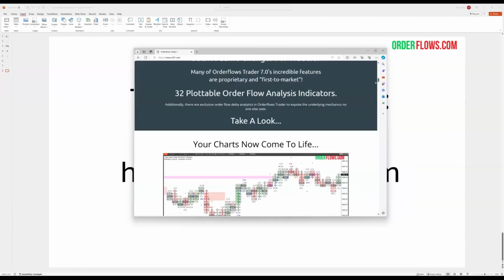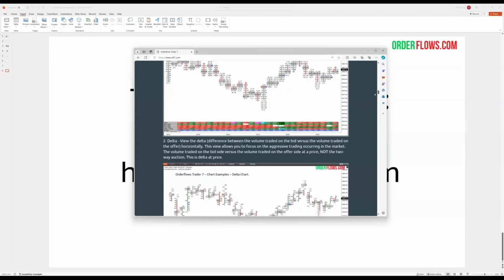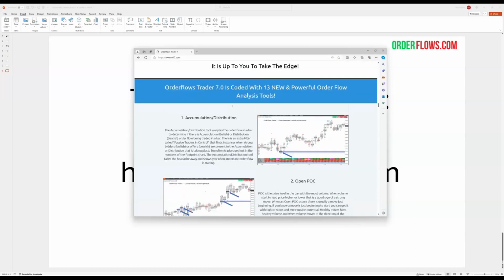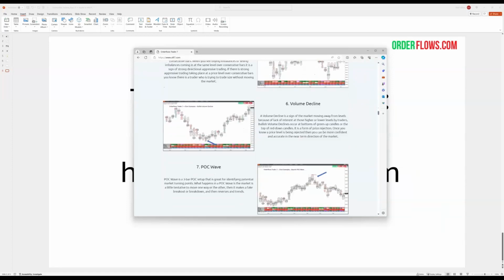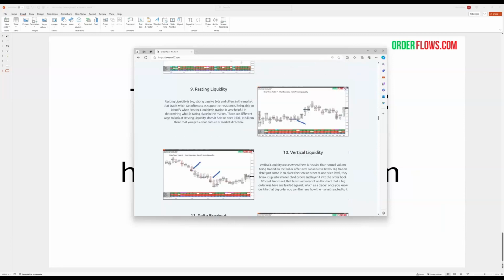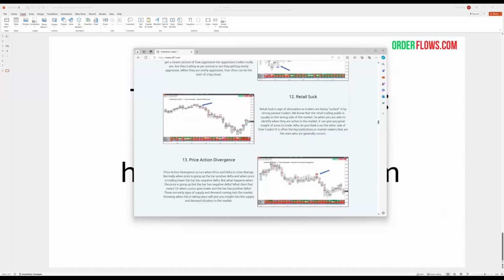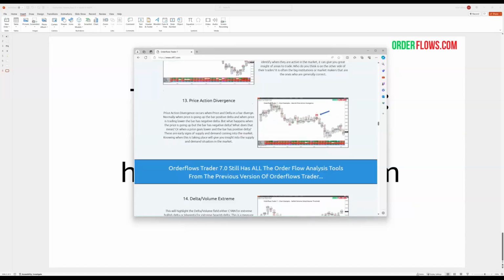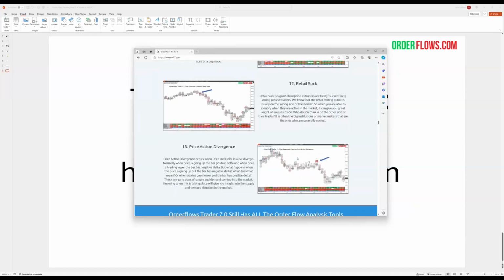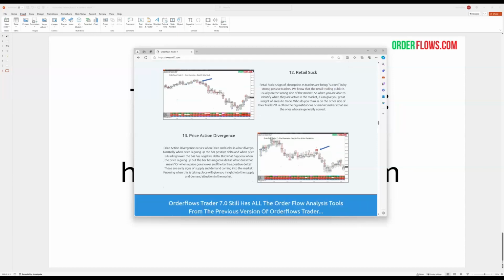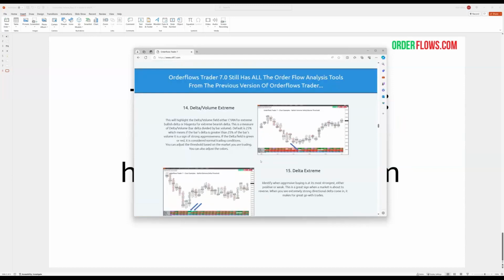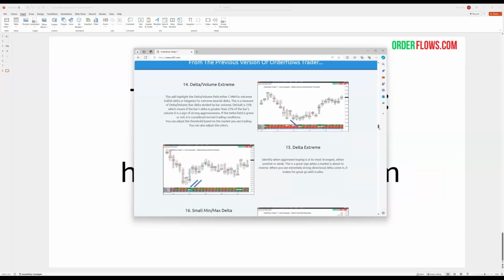It talks about all the new ones: accumulation, distribution, open point of controls, aligned, gaps, reloads, volume declines, PLC wave, liquidities, delta breakout, retail sucks, price action, divergence, etc. Then, the existing ones that you still get there.